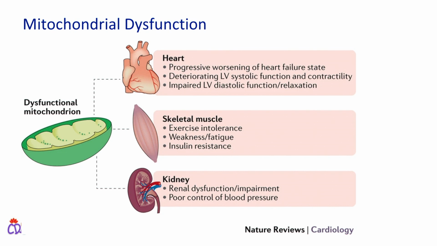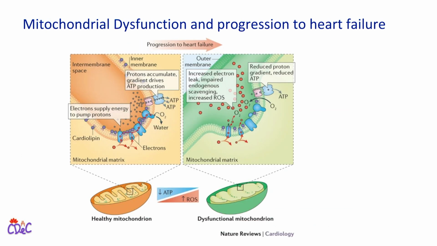But when both are present, there is dysfunction. And dysfunction in the heart causes worsening of heart failure. In the kidney, causes diabetic kidney disease. In the skeletal muscle, exercise intolerance, which you talked about this morning. Therefore, ultimately, all the diseases that we are talking about is a problem with the mitochondrial chain, the respiratory chain.